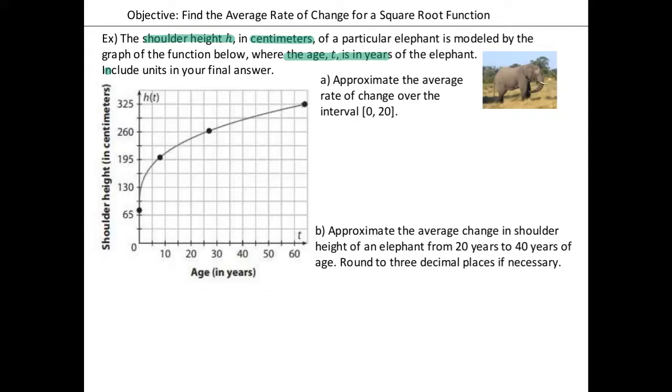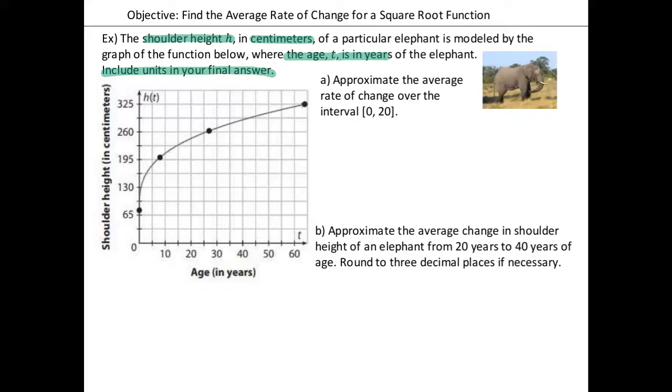And then it says to include units in your final answer. Just so you understand what this is talking about, you measure from the floor to the top of the shoulder of the elephant. That's how they measure the shoulder height, from the floor to their shoulder. That's their height, okay?